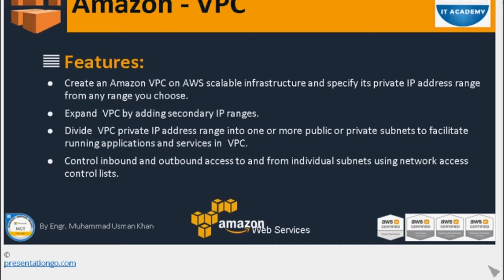Create an Amazon VPC on AWS scalable infrastructure and specify its private IP range from any range you choose. The second thing is to expand the VPC by adding a secondary IP range. What does it mean to add a secondary IP range? It means that you can divide one CIDR block into multiple subnets, like you create a /16 CIDR block, and you can create multiple /24 subnets under the /16 CIDR block.